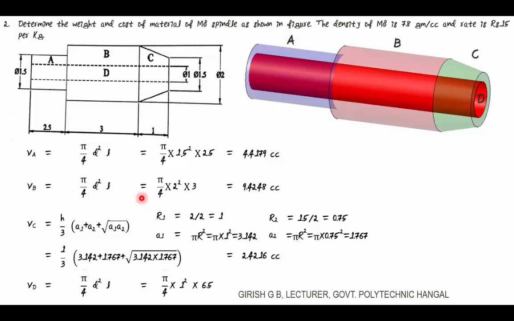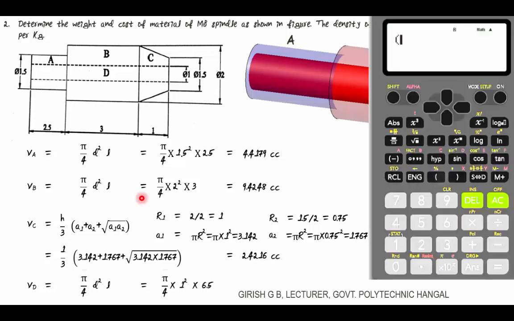Let's calculate its value. Into the bracket, pi divided by 4, bracket close, into 1 square into 6.5. Let's store this value to D, that is 5.105 cc or cubic centimeter.